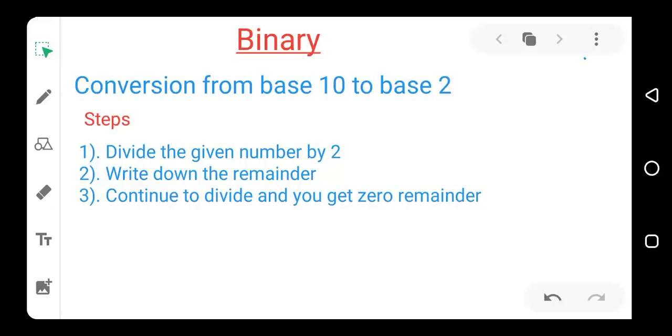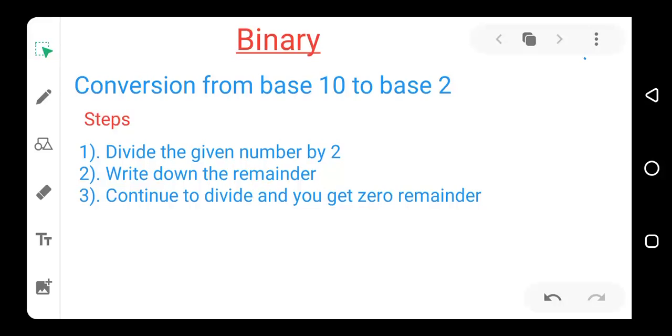If you are given any number and you want to convert it to base 2, the first thing to do is to divide that number by 2. When you divide it by 2, you will get a remainder. If there is no remainder, you write remainder 0.